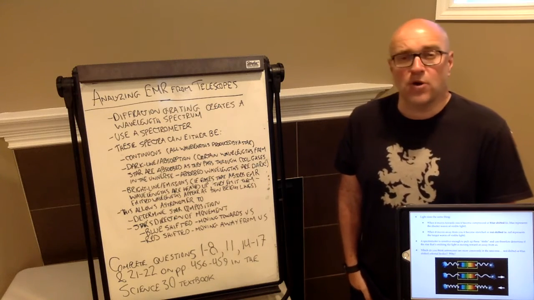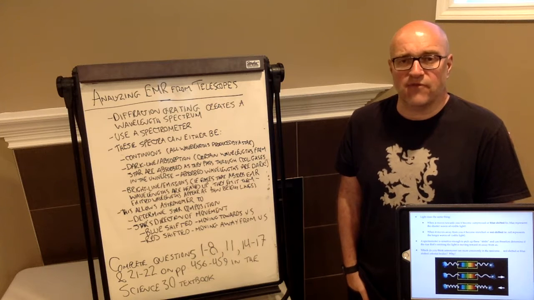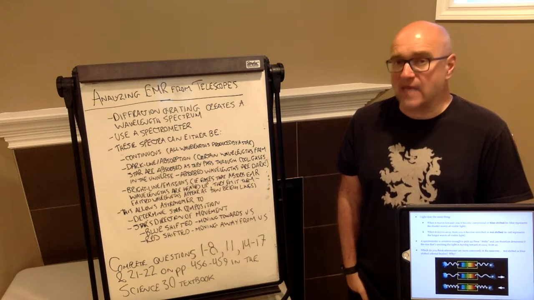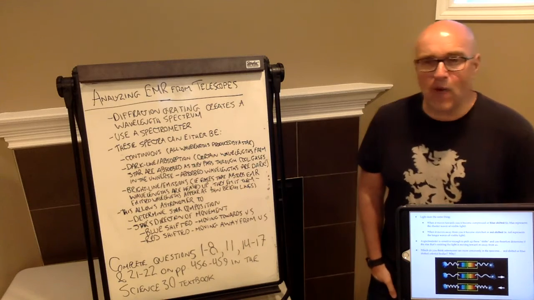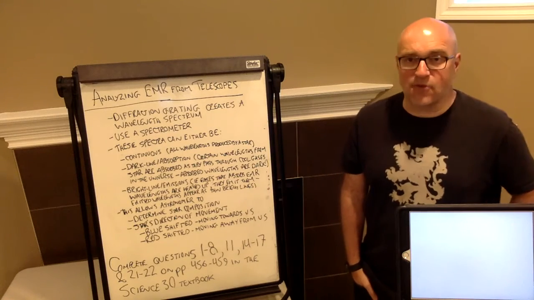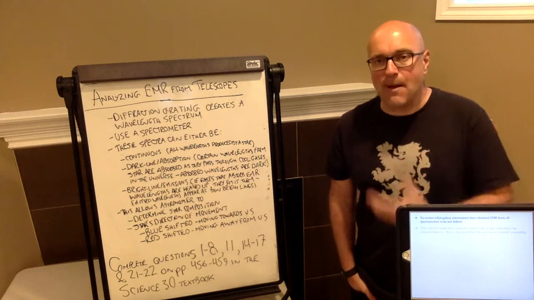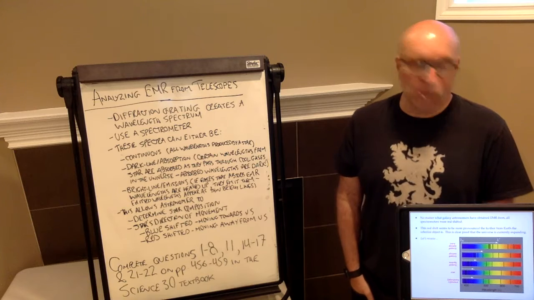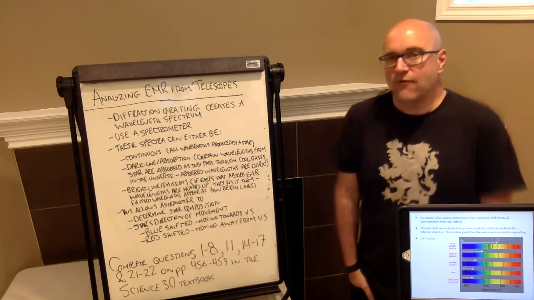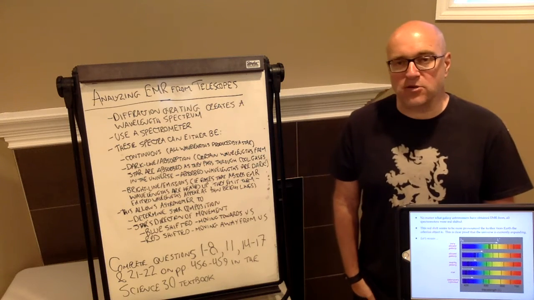There's only, I think, maybe one or two blue shifted galaxies that we've even spotted at this point, which means the galaxy is moving toward us. Pretty much every other galaxy out there is moving away. Well, what does that indicate? That indicates that the universe is expanding. That's how we came up with that theory that the universe is expanding, because every object or galaxy we're looking at has this red shift when we look at it through our spectral analysis.